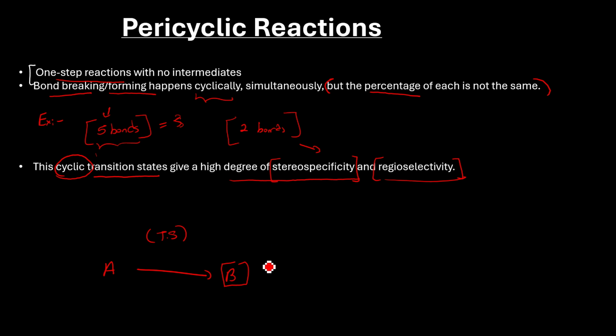It's not going to be a mixture of both isomers. That's what stereospecificity means. We can be specific about a particular isomer, we can obtain a specific isomer from the reaction. These pericyclic reactions are like that. We can choose what we want, it's not going to be a mixture. And regioselectivity means it's about cis and trans.